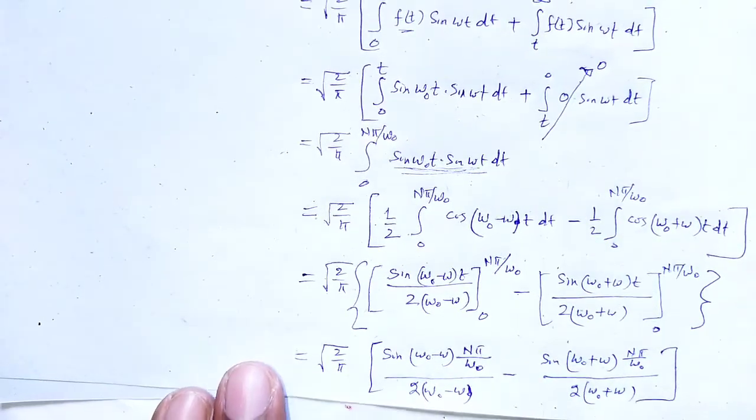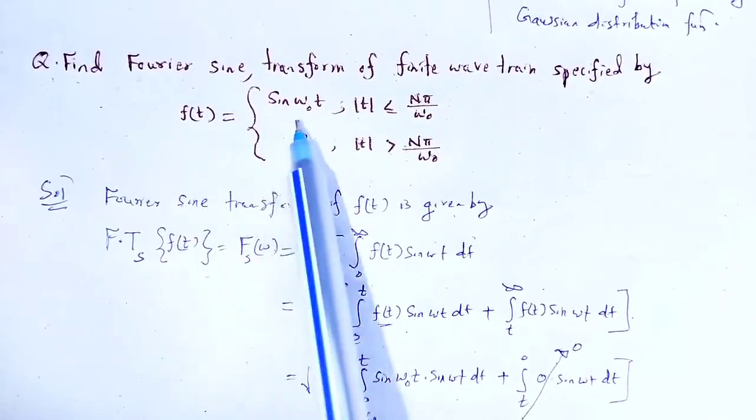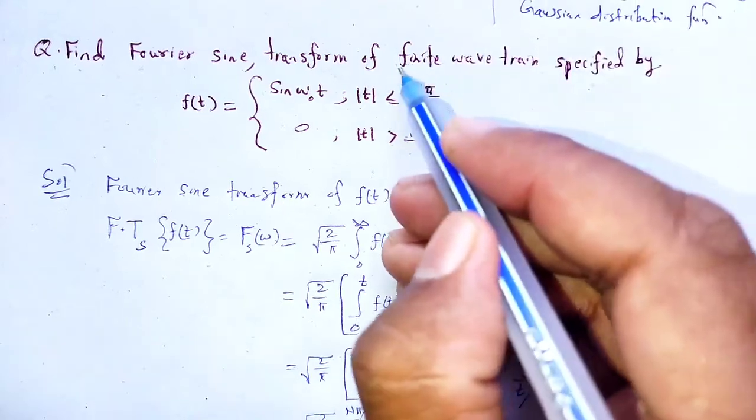That is the required result for the Fourier sine transform of the given finite wave train.